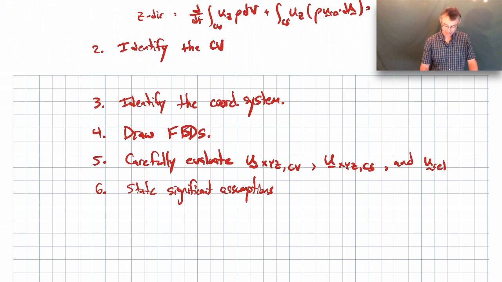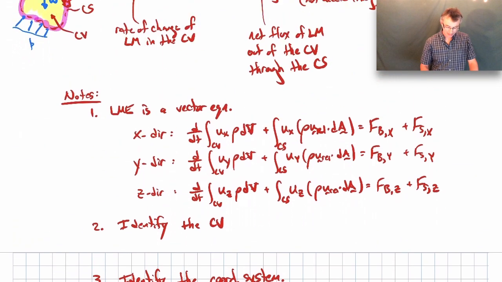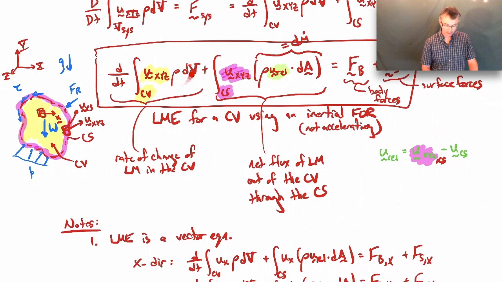So if you're dealing with a steady flow, you would write that down and show that the steady flow means that the time rate of change of the linear momentum within the control volume is zero, that it's not changing with time. Steady means it's not changing with time, right? So you would show that, for example. So whatever assumptions you're making, just clearly write them down and show how they affect your governing equation. That's true for linear momentum as well as any other equation like conservation of mass or the first law.